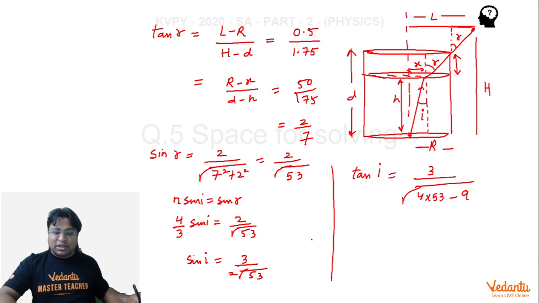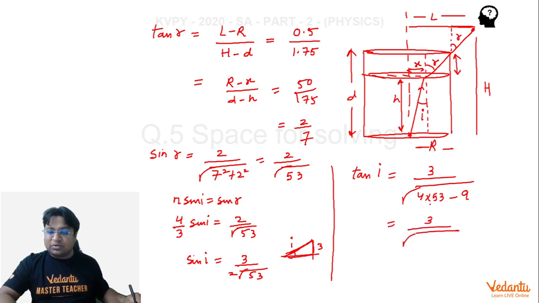Okay, because if this angle is considered i, then sine i would be 3 divided by this length. So when we are calculating tan i, it would be 3 divided by this length, which is square root of hypotenuse squared minus, yeah, so everything is fine. So it would be 3 divided by root of, this is like 212. 212 minus 9 is 203. So we get the value of tan i.